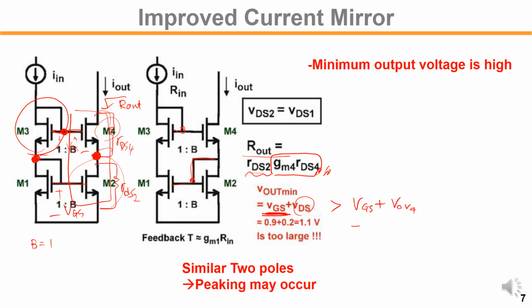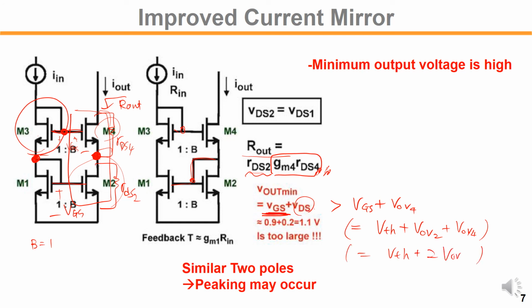If you write it in terms of threshold voltage and overdrive, you have VTH plus overdrive of 2 plus V overdrive 4, right? So this would be VTH plus 2 overdrive.